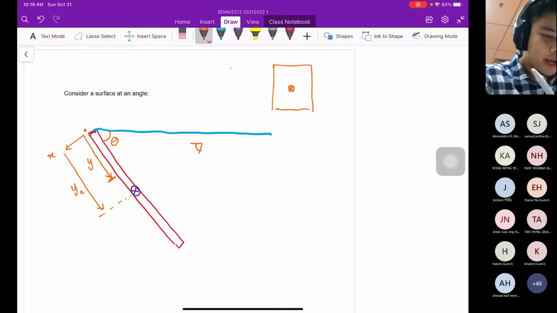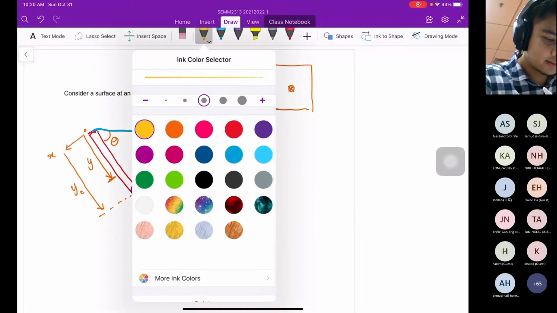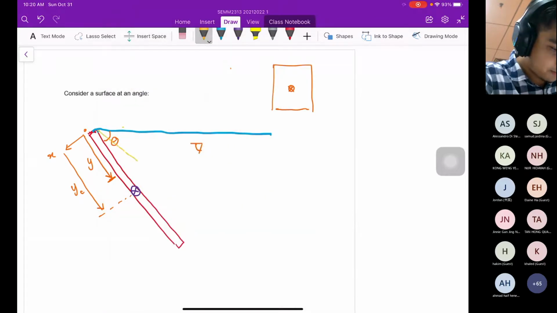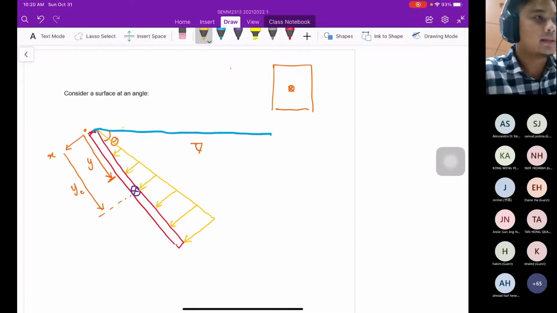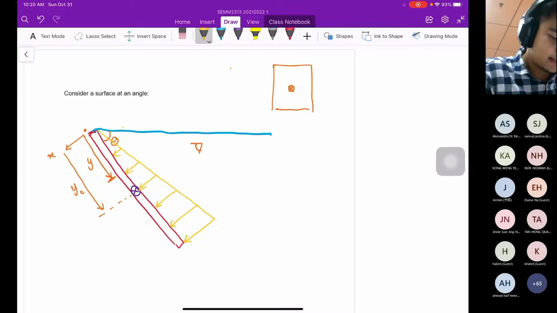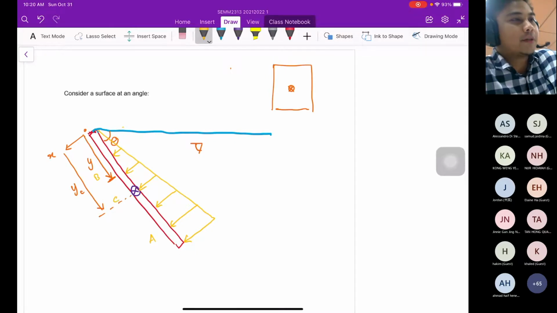And then definitely we have the force. This is the force. Remember that the force always act perpendicular to the plane. So where do you think the resultant force act? Is it at A, or is it at B, or is it at C? What do you think? The resultant force?